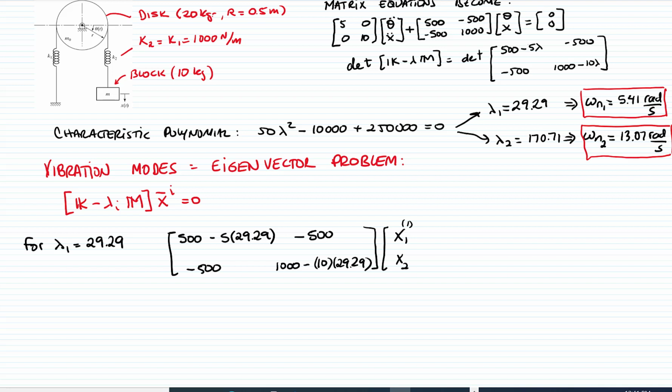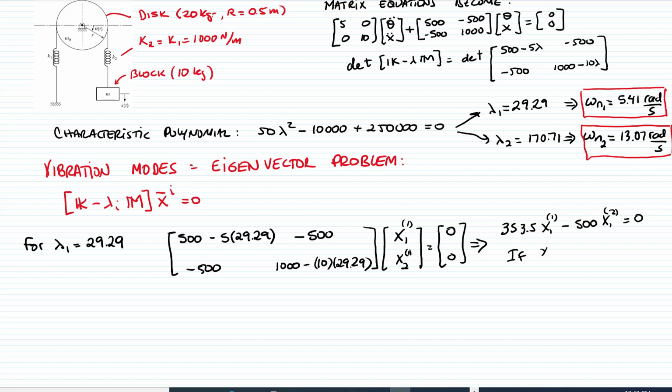This vector, remember that this leads to two equations, but those two equations are linear dependent, so it represents the same information. So what we do is use only one of these two equations and assume a value for x1 and then get x2, because what we care about is a proportion between x1 and x2.